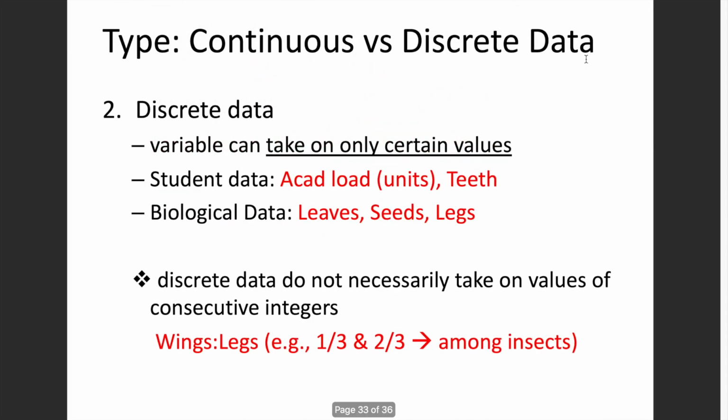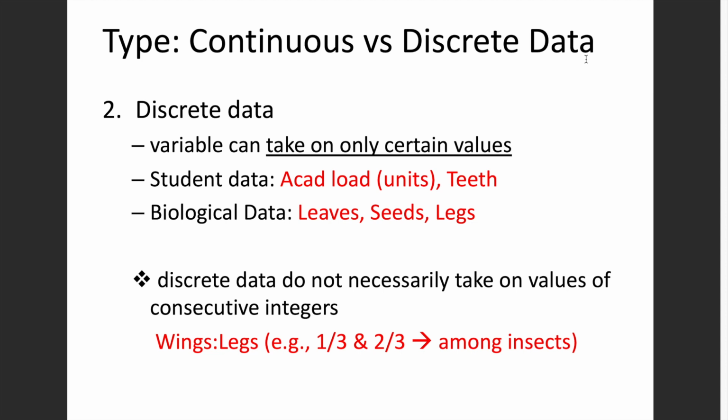On the other hand, for discrete data, your variables, your measurements can only take certain values. Like for example, academic loads, the number of teeth, the number of leaves, seeds, and legs. Okay? Here, you can only take certain values. You cannot have an academic unit that is 1.333333 or a tooth count that is 5.999999797.